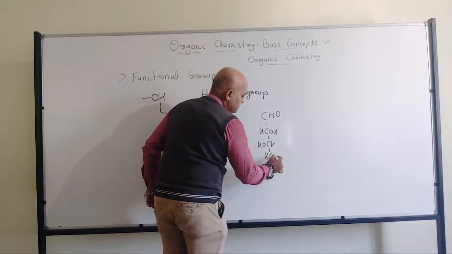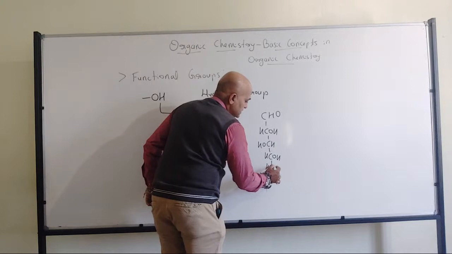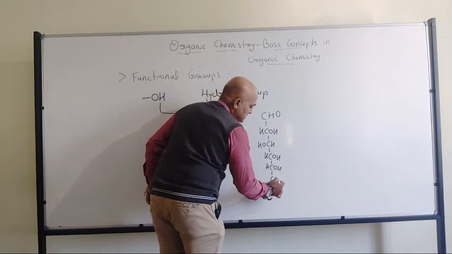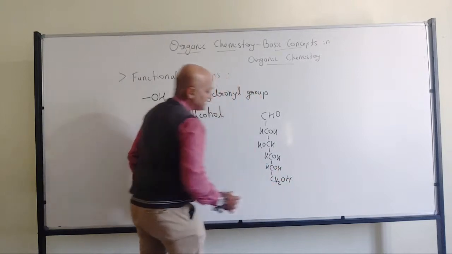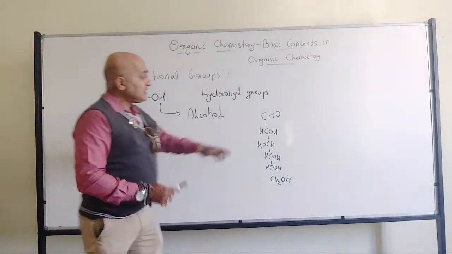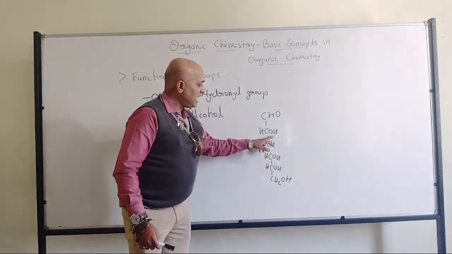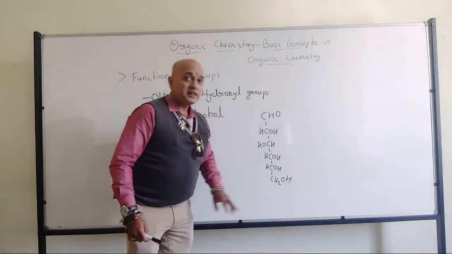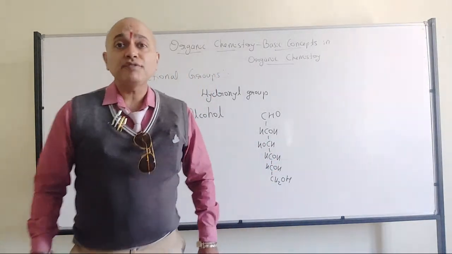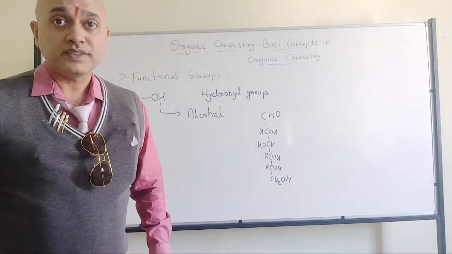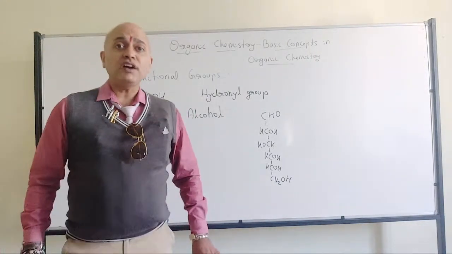If you observe this particular organic compound, which is a carbohydrate, and which we are going to discuss in detail in second year, we have so many OH groups. All of you can see we have so many OH groups, but they will not be considered as a functional group in glucose.